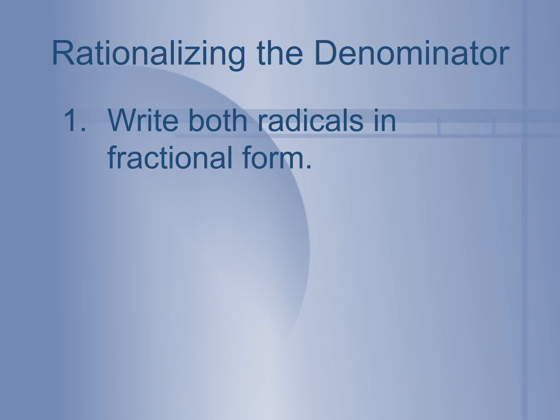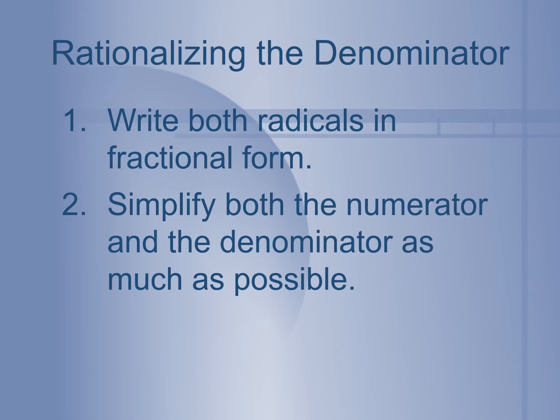So here are steps for rationalizing the denominator. Step 1, we're going to write both radicals in fractional form. And then once we have them in fractional form, we'll simplify both the numerator and the denominator as much as possible. So that just means simplifying your fraction.